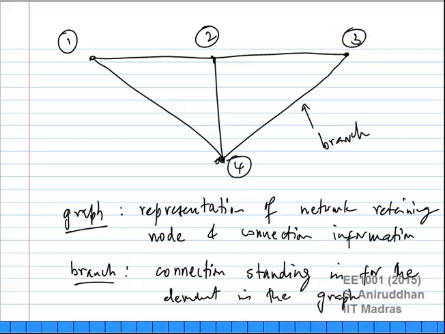So suppose I take a general network. I have B branches and N nodes. What is the total number of elements? It's B, right? Each branch stands in for an element.